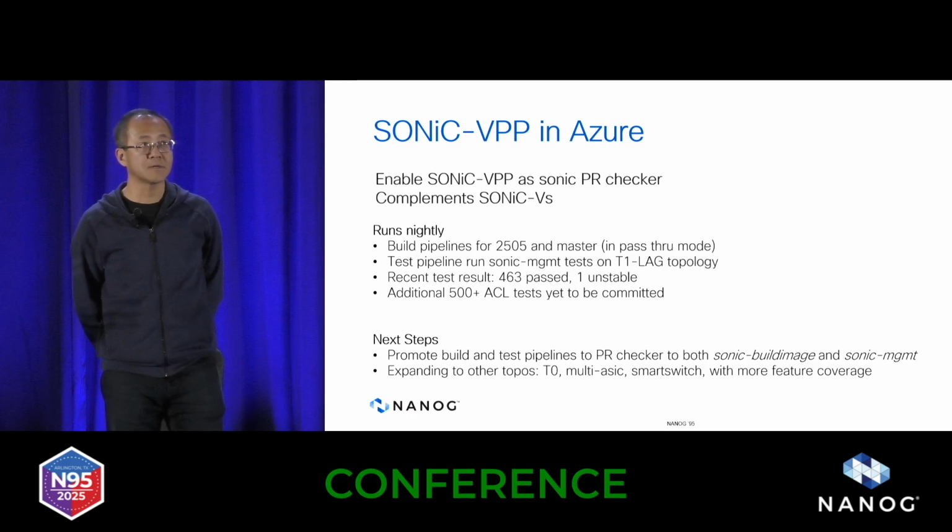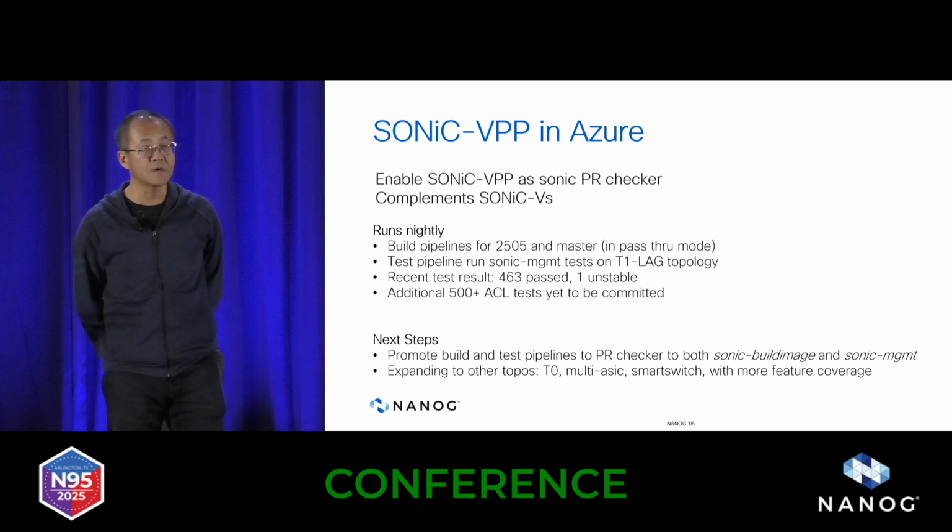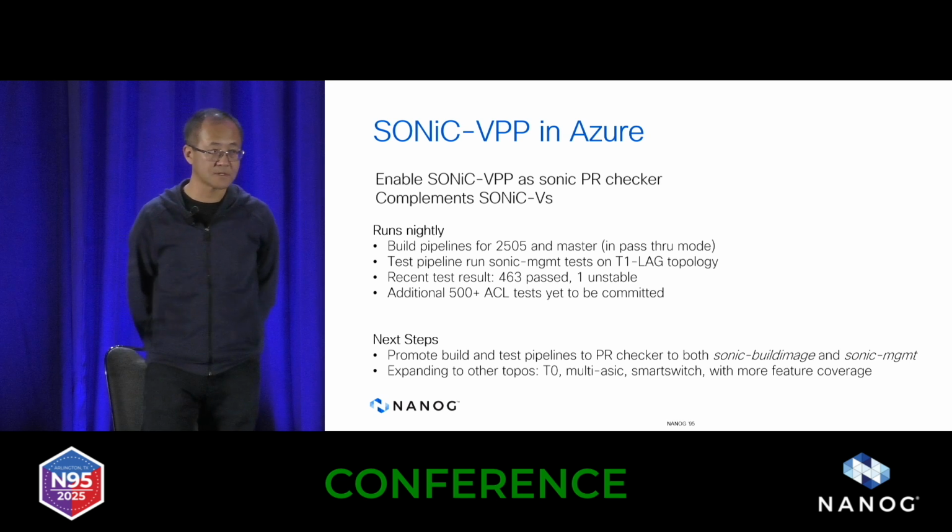That means there's some code coverage issue. Actually, recently, when we worked on a SONiC VPP test failure, we discovered a bug in the SONiC-Mgmt test because of the lack of this code coverage. And if SONiC VPP had been enabled as a PR checker, such an issue would have been caught earlier.